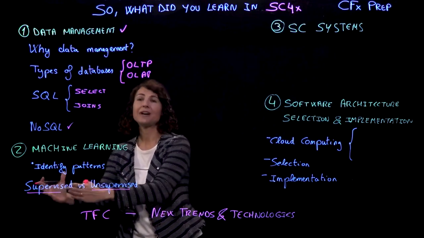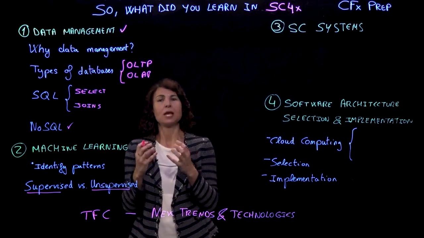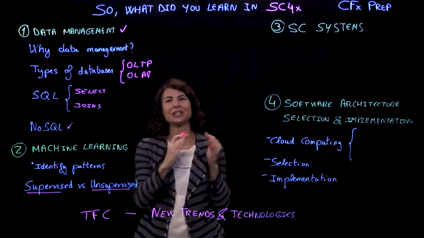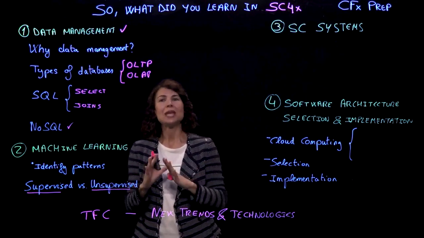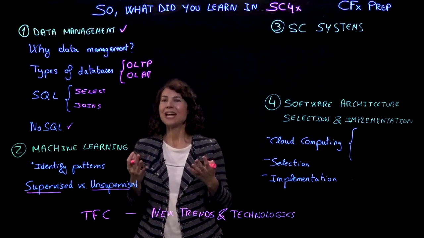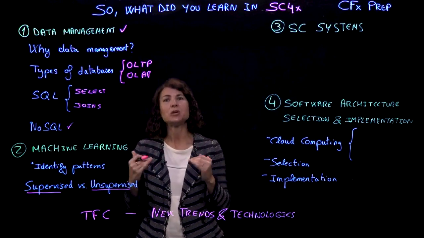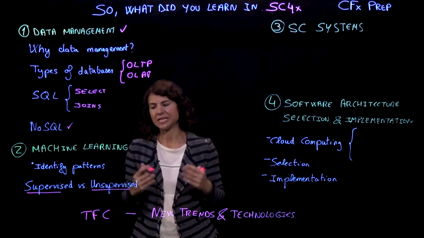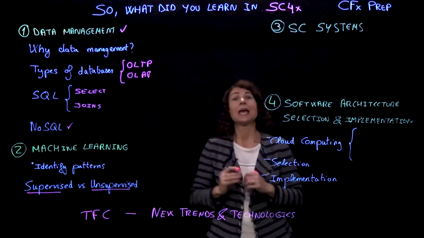In supervised learning, we are using the outcome variable. We are using labels in order to identify patterns in data. However, in unsupervised learning, we do not know this outcome variable. So we are just using the relationships between the inputs in order to predict and identify patterns in data. Then we move to supply chain systems.